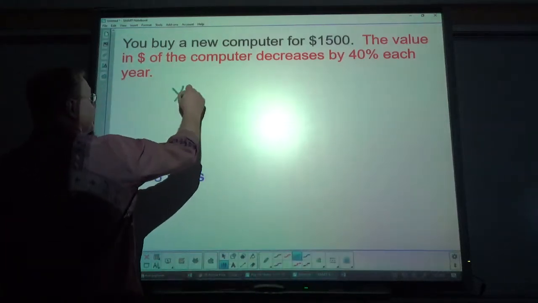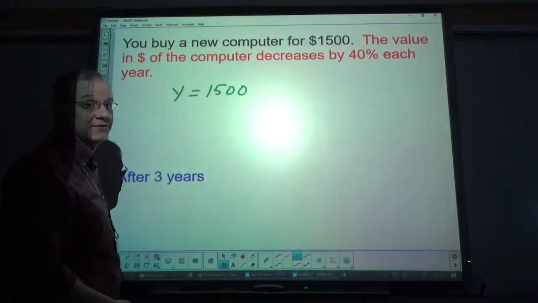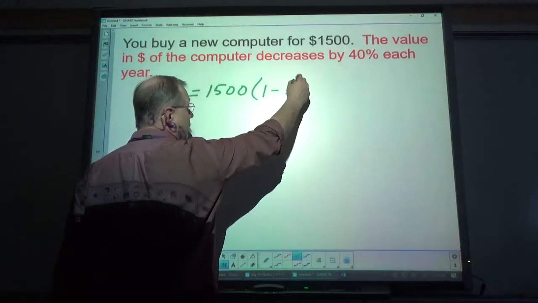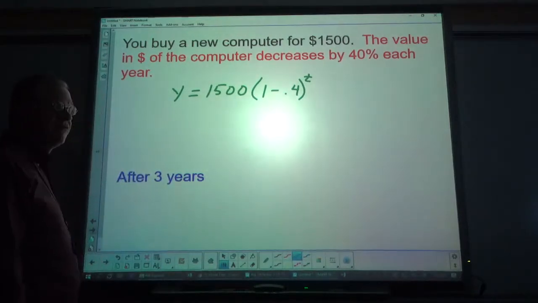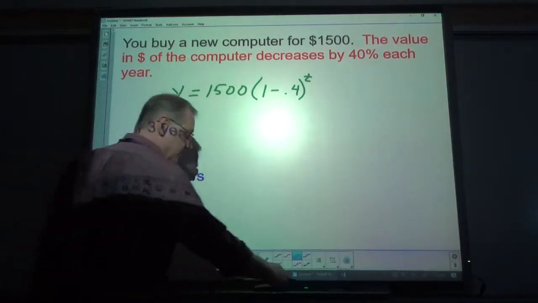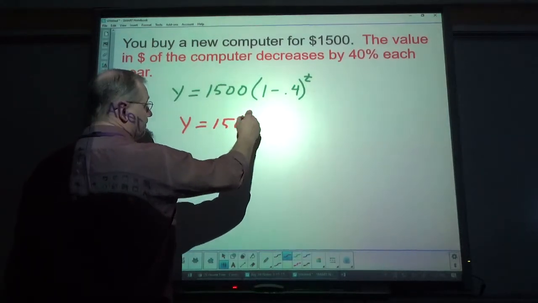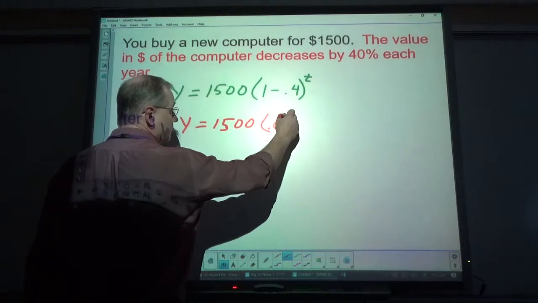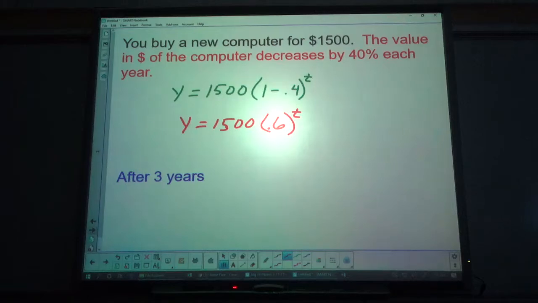So y equals 1,500, the initial amount that it was worth, times 1 minus 0.4 to the t. 40%, 0.40 or 0.4. Now, when I write this out, 1 minus 0.4 is 0.6.